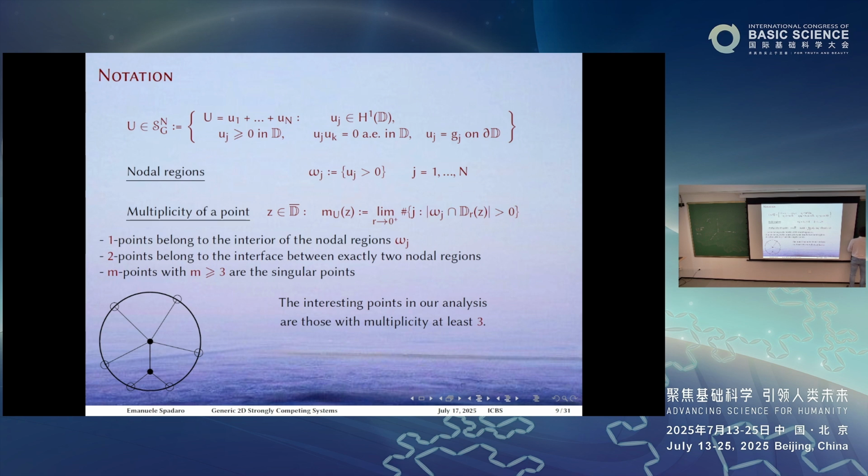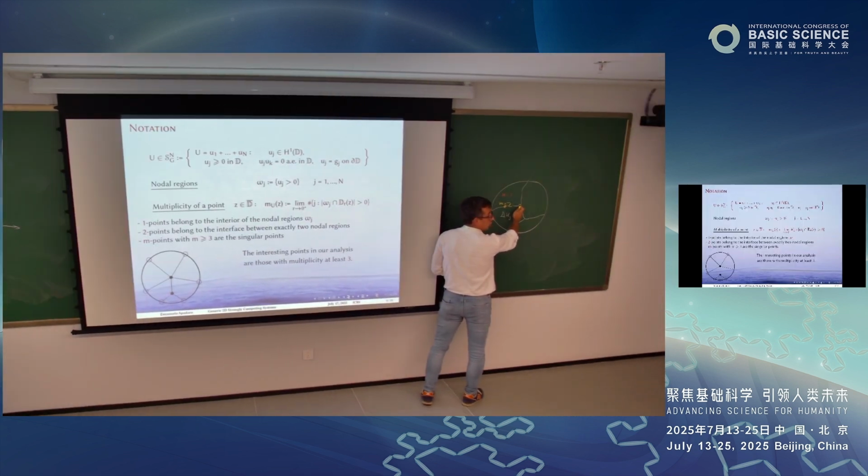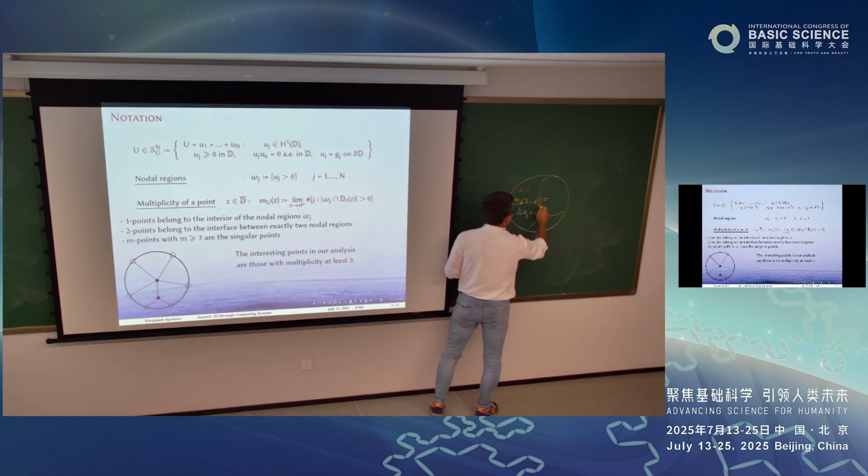If you look at a point along an interface, this free boundary, the multiplicity is 2, because just two species compete around this point. But we may have points where more than two species compete, like this one here. Here, for example, we have 3 species. Here the multiplicity is 3.